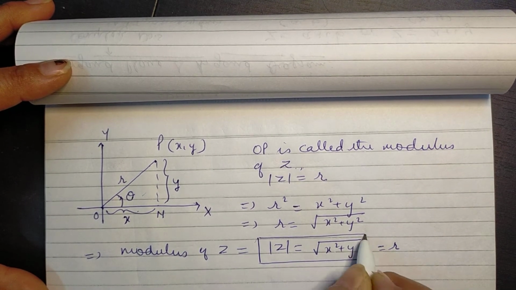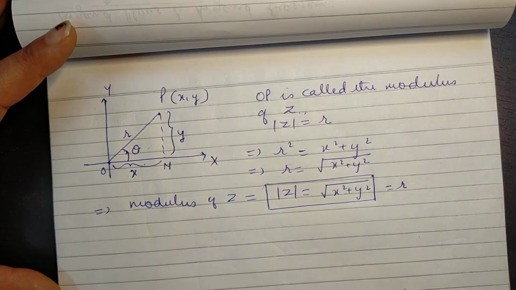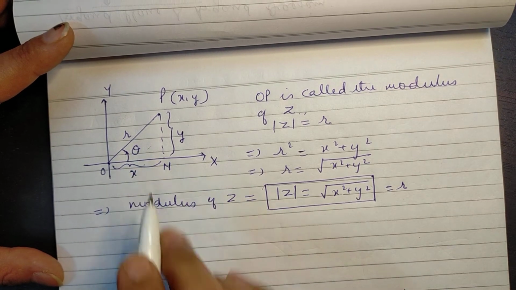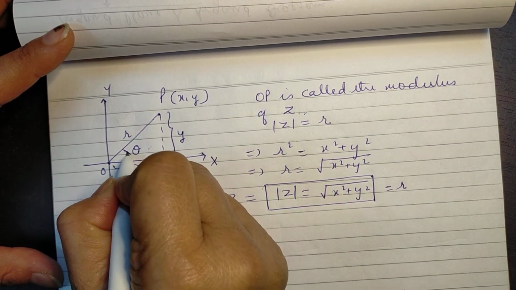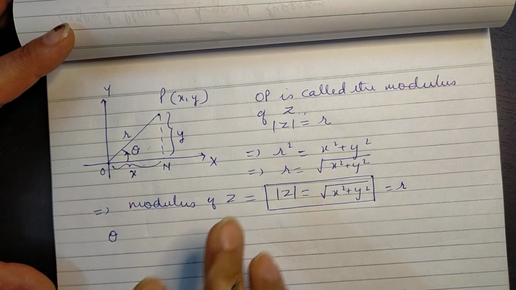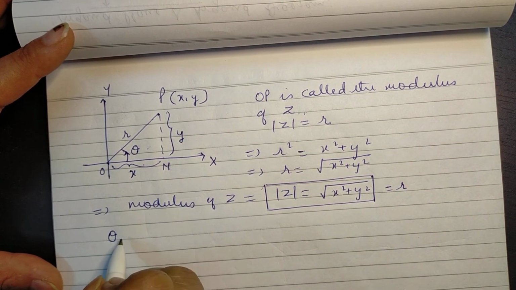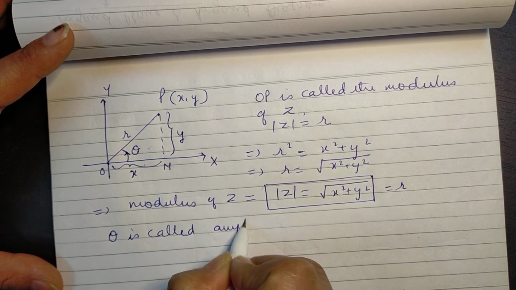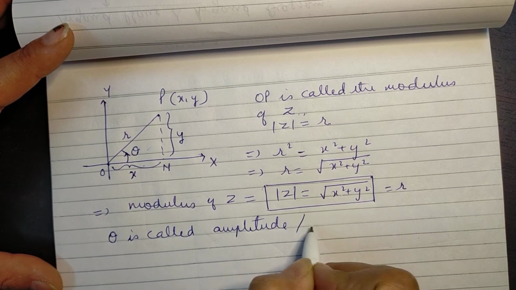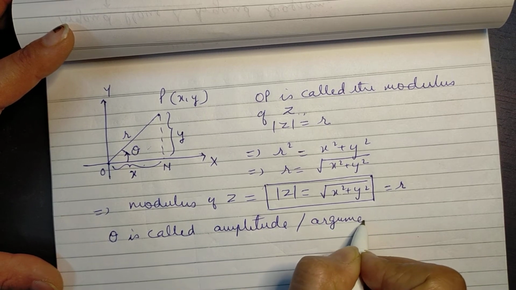This is one thing. Now the other thing is theta, which is the angle it makes with the positive x direction, called the amplitude or argument.